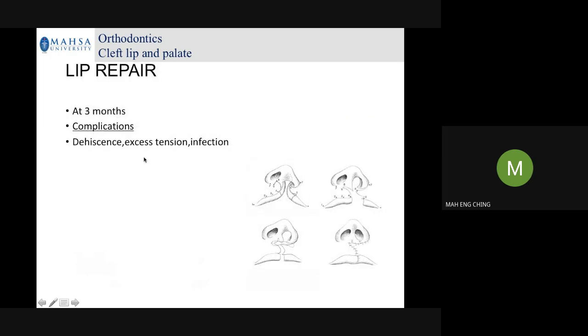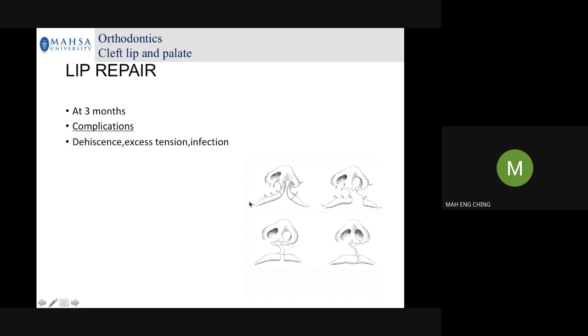So lip repair is at about 3 months. As for complications, even though you can repair the lips, sometimes because the parts are too far apart, or the design of the flap is not that good, even when you bring it together, it doesn't join. It causes dehiscence, excess tension might tear the wound, and sometimes cause an infection also, if you don't keep it clean.